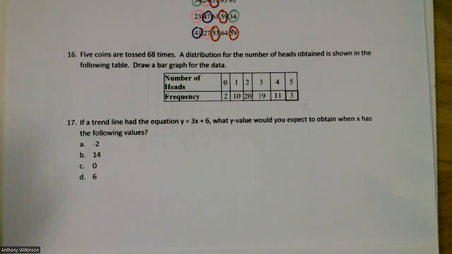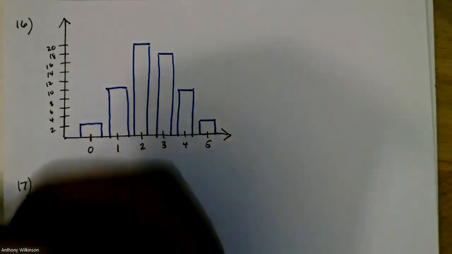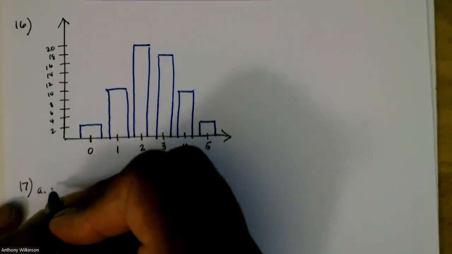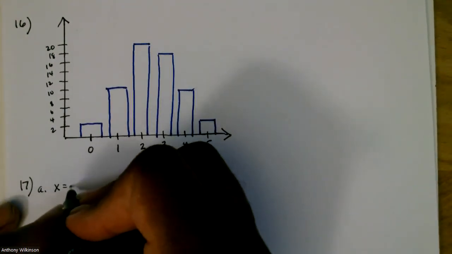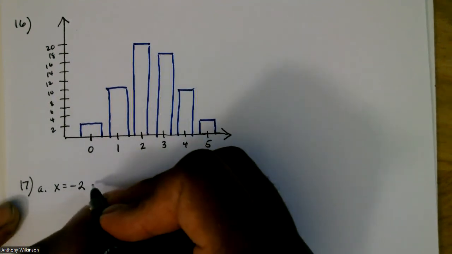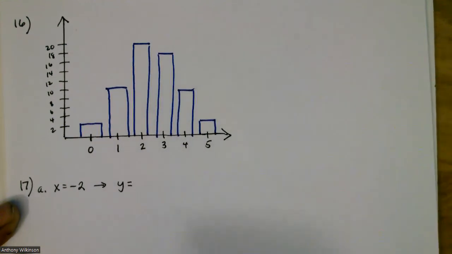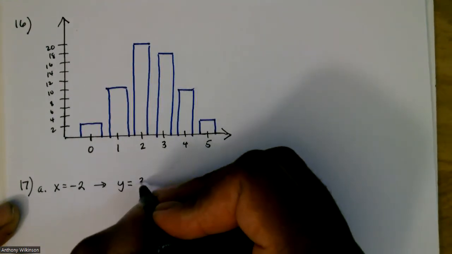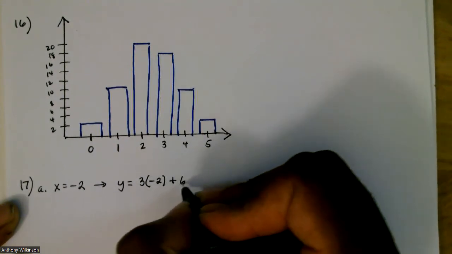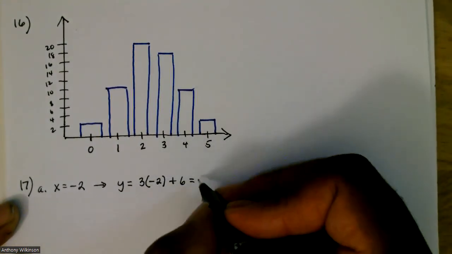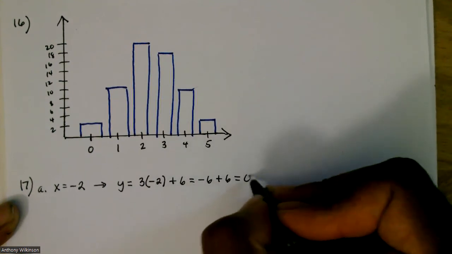Okay, so starting with part A, x is equal to -2. That would mean y is equal to, and our equation was y equals 3x plus 6, so it'll be 3 times x, which is -2, plus 6. 3 times -2 is -6. -6 plus 6 is 0.